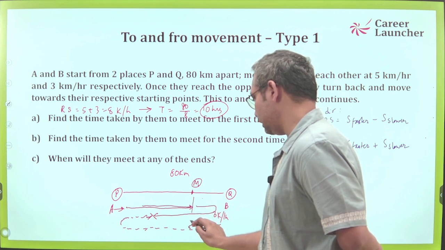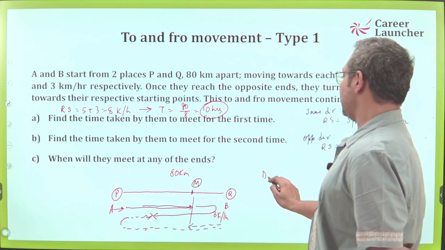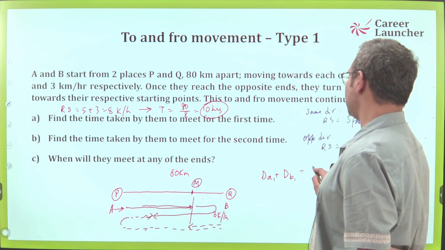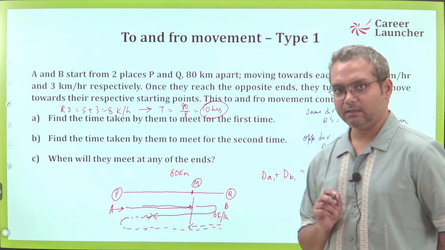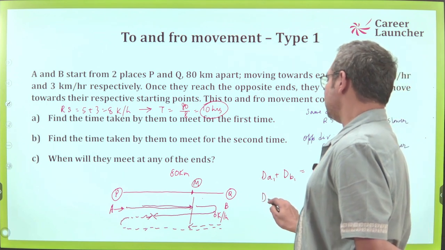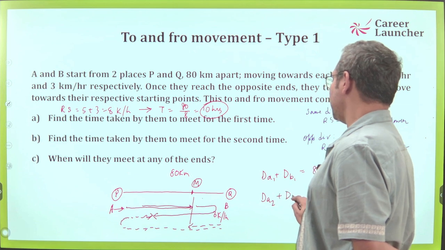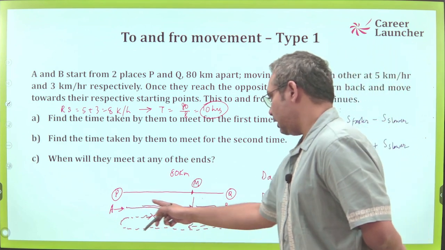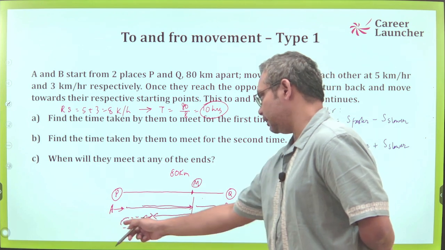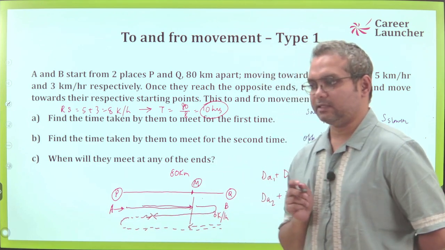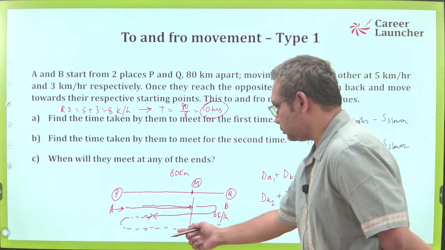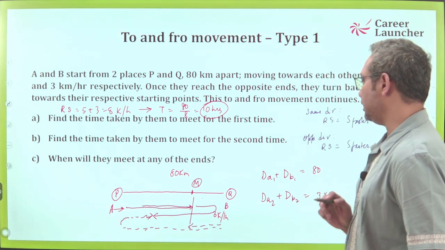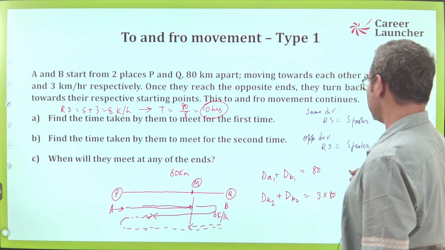Let us put the distances as A1 and B1, and the total distance was 80. But now consider the distance covered by A and by B for the second meeting from the beginning, from the original ends. A has covered one length, B has covered one length, and these two together have covered 3 times the total distance. So that is 3 times 80 for the second meeting. This is meeting 2. This was for meeting 1.